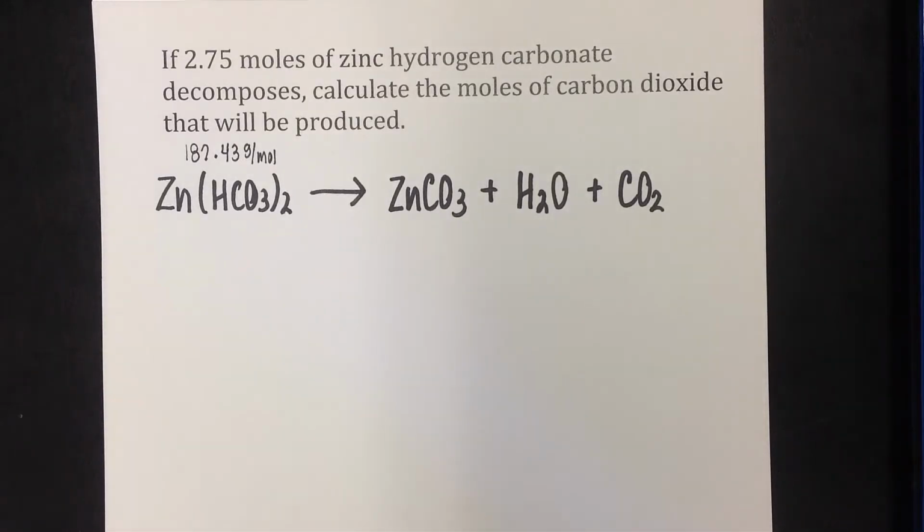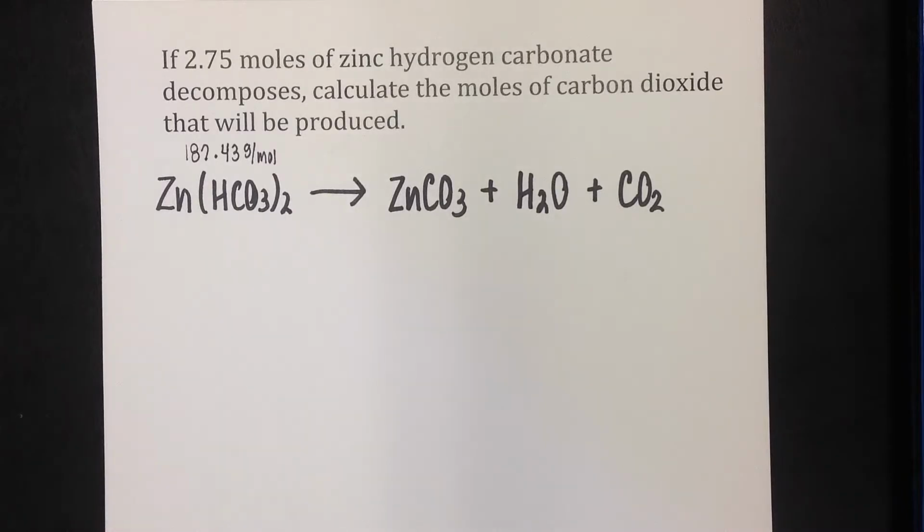Zinc carbonate has a mass of, I'm going to calculate this up, that's going to be 16 times 3 plus carbon is 12.01 plus zinc, which is 65.39.